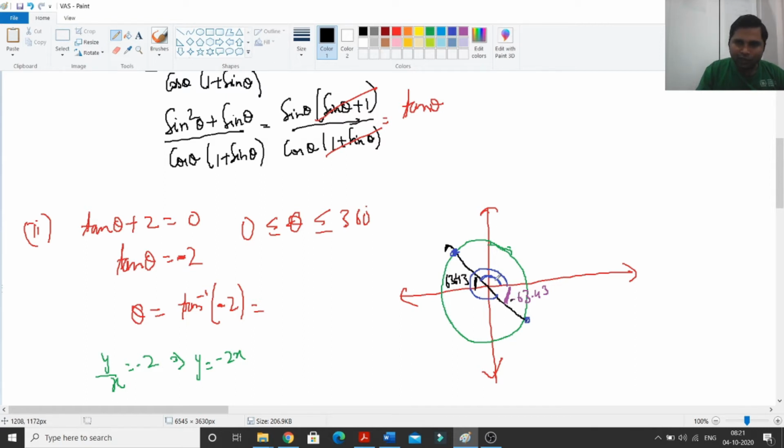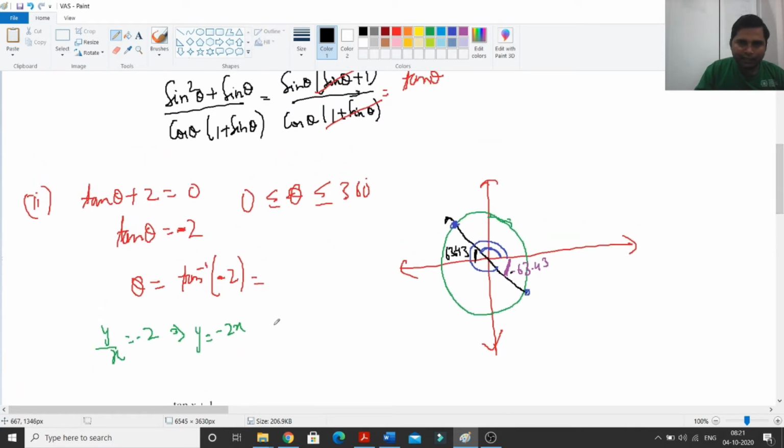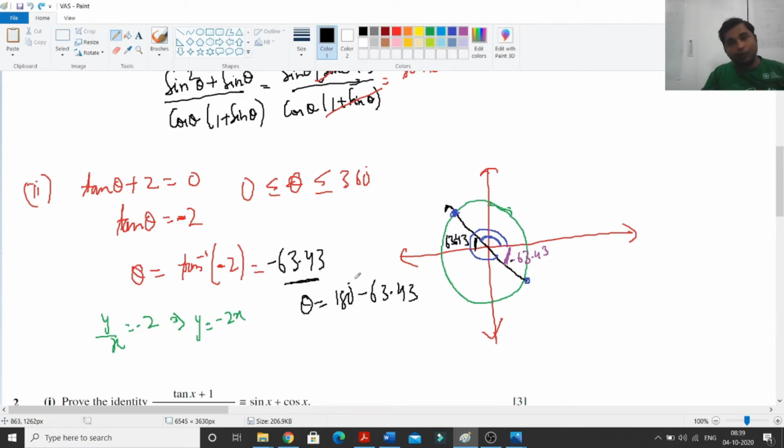And as we are looking for the positive value, it will be 180 minus 63.43, right? So tan inverse of minus 2 gives minus 63.43, but this is not our answer. Minus 63.43 is not in the domain of 0 to 360. So we'll do 180 plus this value, because either you do minus 63.43 plus 180, or you can do 180 minus 63.43, then also you will get the same answer.